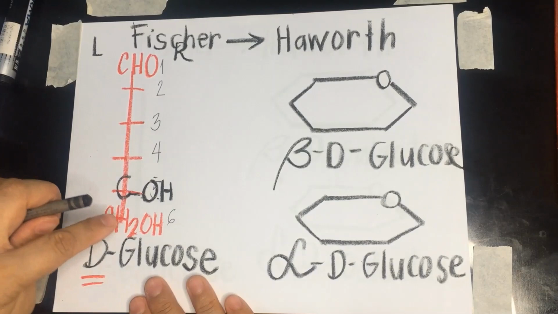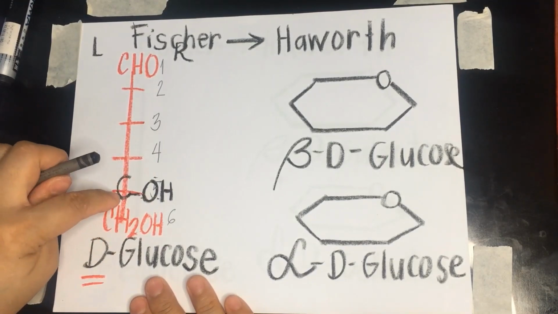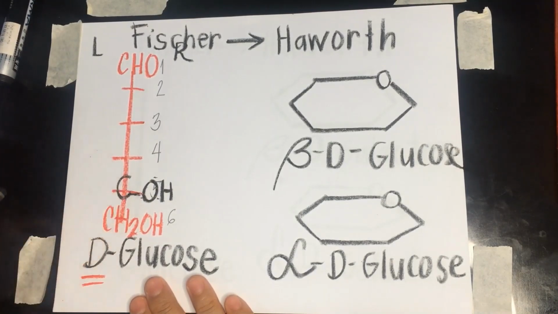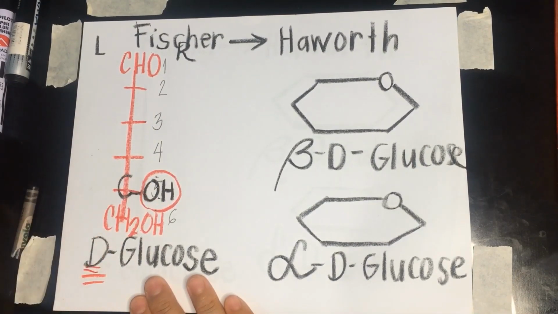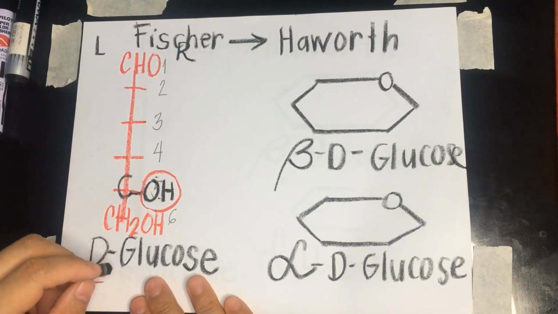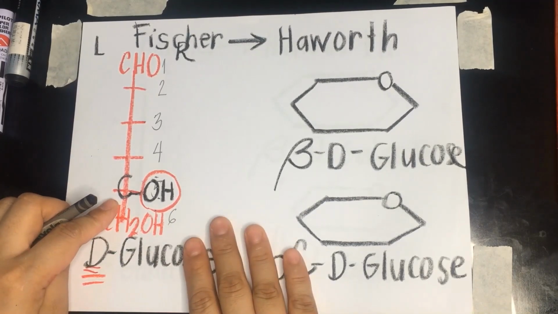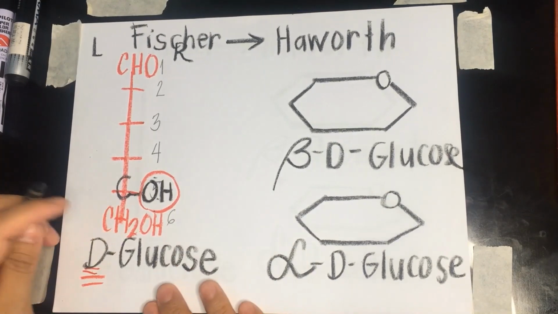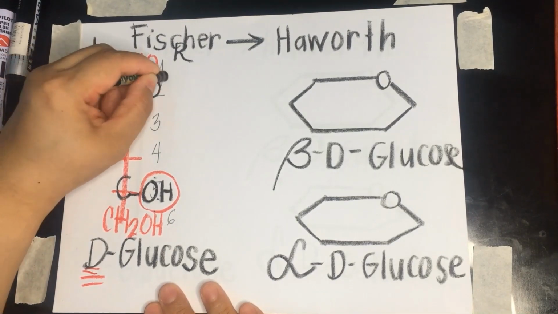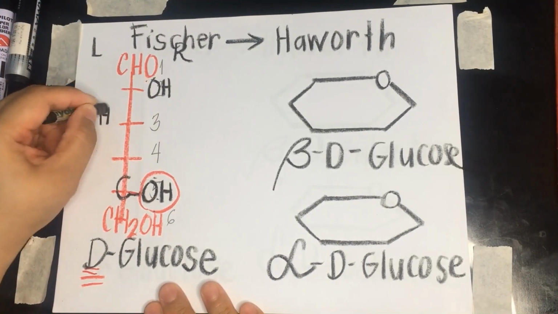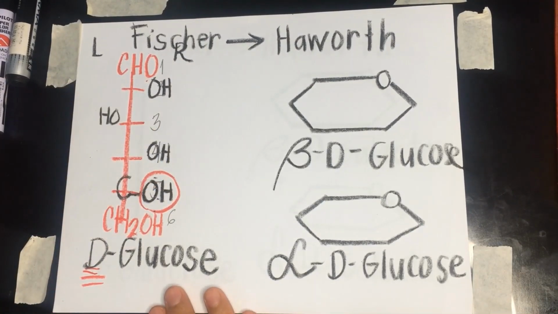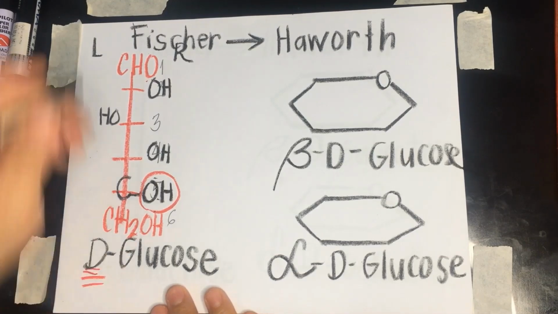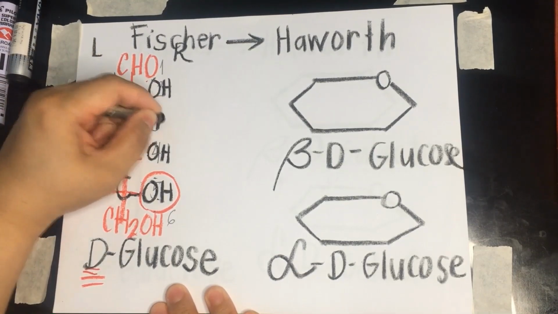After we determine the highest chiral center, because this one is on the right side, that's why it is a D configuration. The next thing that we are going to do is complete the hydrogen and hydroxyl groups. So for glucose, we have right, left, right. And then we are going to complete the hydrogen structures.